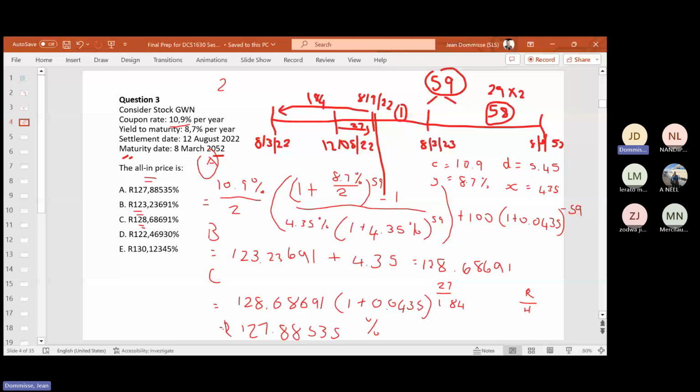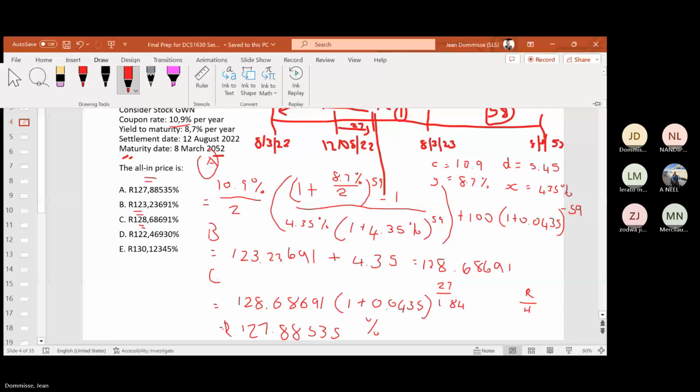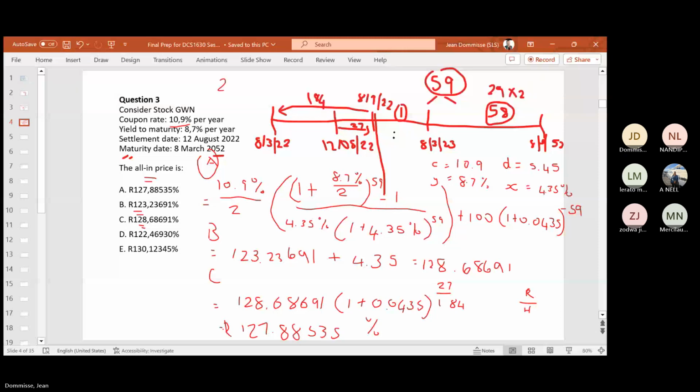Okay, so I will then just share this formula as well. What I just showed here was how we work out the price, for the 59 periods.